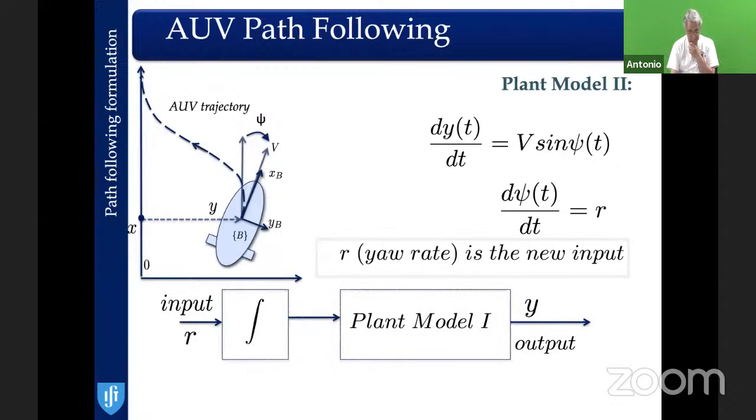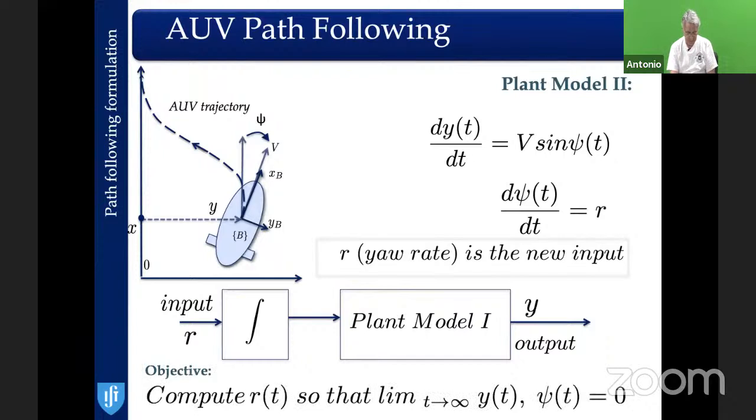So with respect to the model we had before, now this is a little bit more complicated, but not terribly more complicated, because you had the plant model number one, and you have an integrator here. So psi is the integral of r. So the question is, how do I specify a control law for r so that y is driven to 0. Again, it's a very simple case.